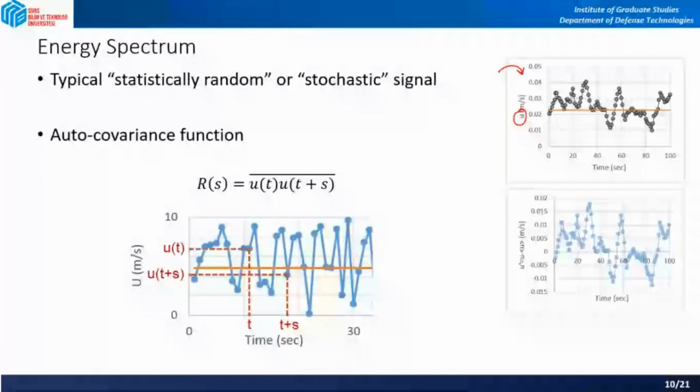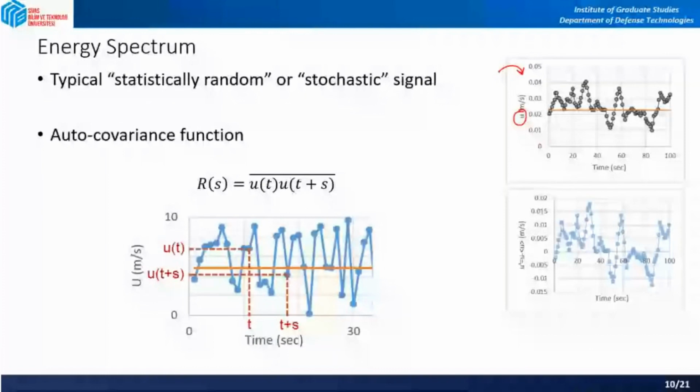In general, regarding a time variance, like this signal that is varying in time, the simplest multi-time statistical variable is called the autocovariance function. So what is this? It's the velocity at some time multiplied by the velocity at some time t plus s, and then averaged. Let's say this is shown as an example for you.